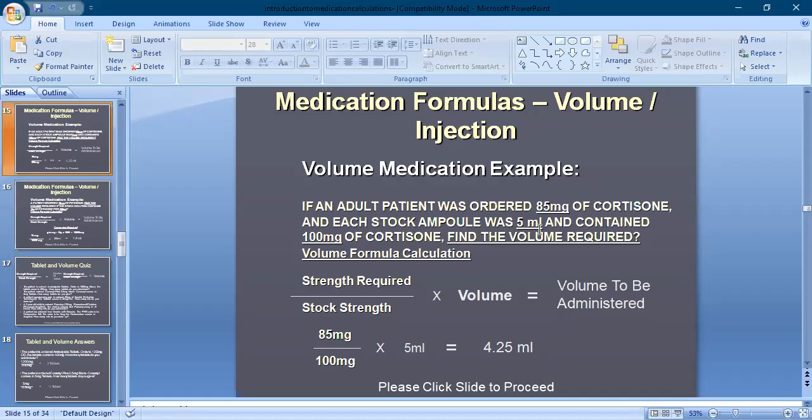I will show you the picture of an ampoule. It contained 100 milligram in 5 ml. You see, same talk, different way explained. So the prescription is 85 milligram and the ampoule contains 100 milligram of cortisone in 5 ml of water. So 5 ml is the volume.